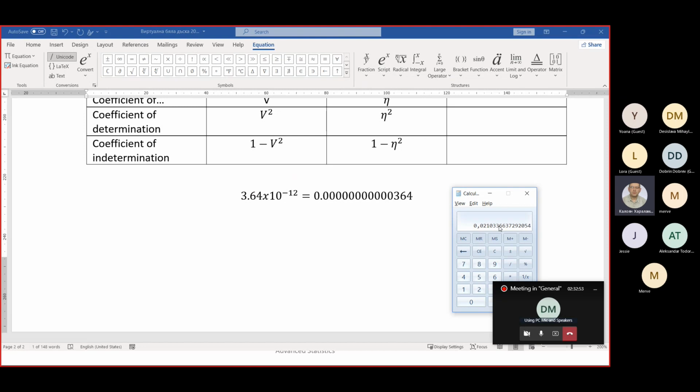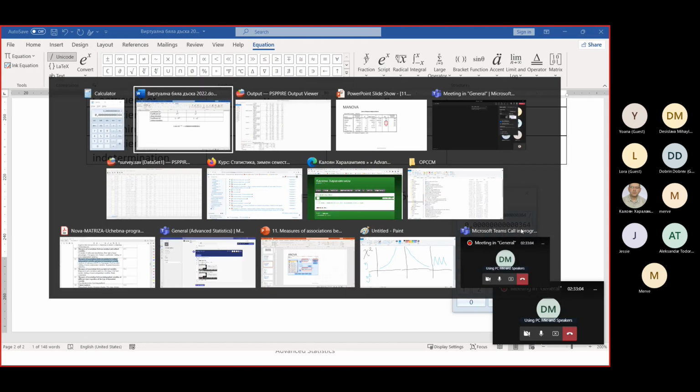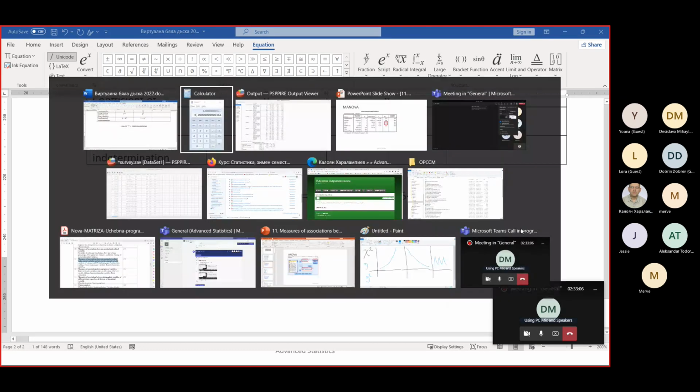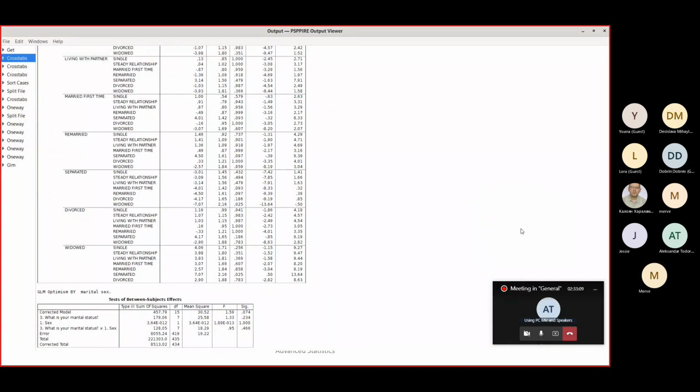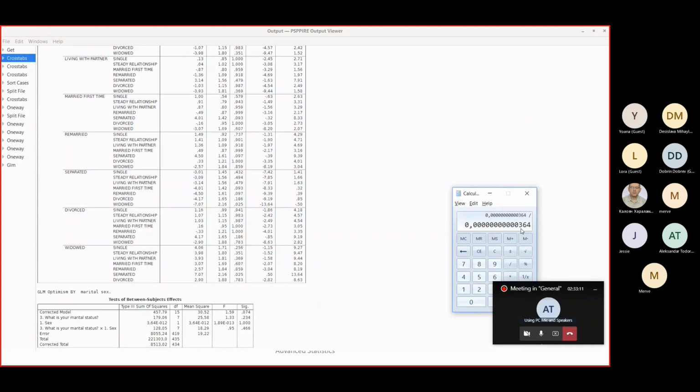This number 0.000091011 divided by 8,513.02, the result is practically 0.